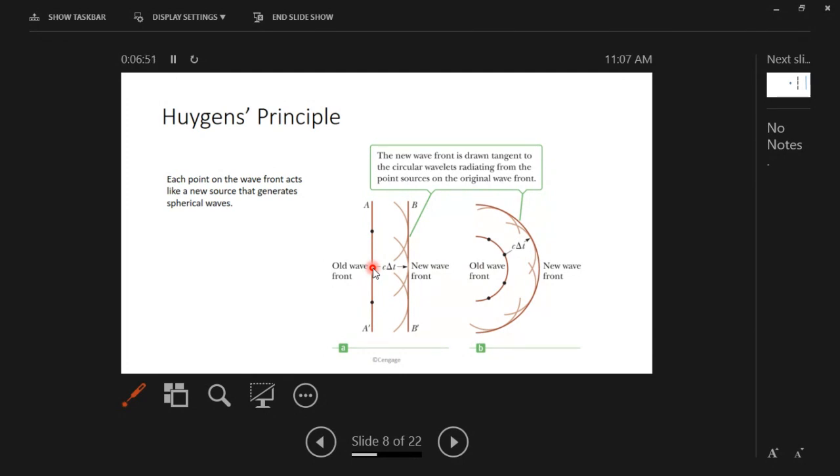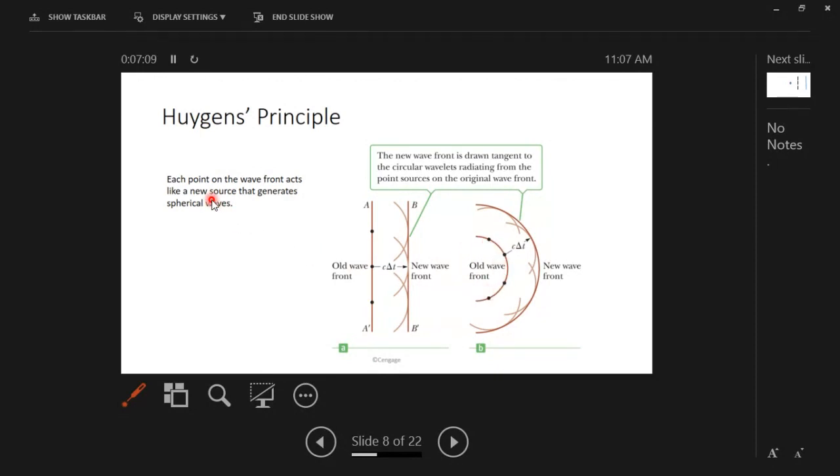Wavefronts are these surfaces that I have drawn. So this is the wavefront for a plane wave, and this is the wavefront for a spherical wave.